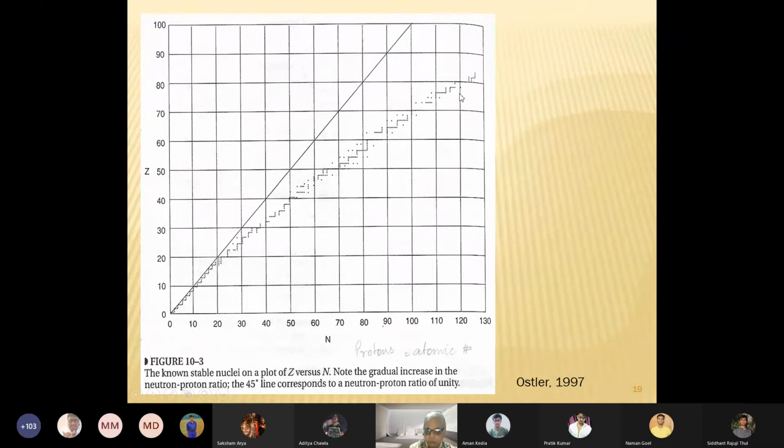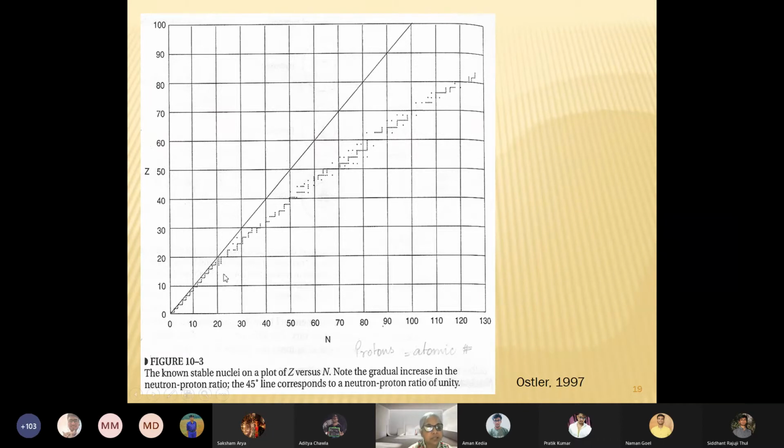The dots represent individual elements. Each dot is an element in the periodic table. You can see the deviation. After N is greater than 20, you can see the entire curve is falling away from the line of equality, or equivalence.